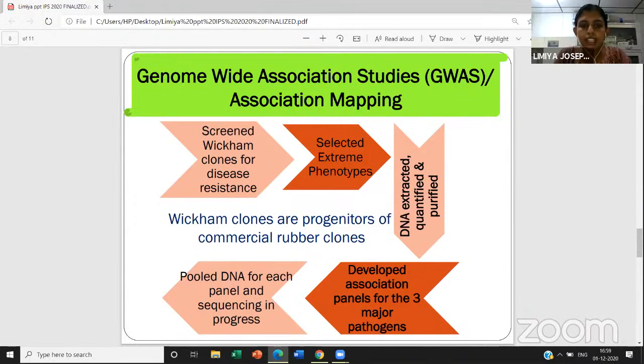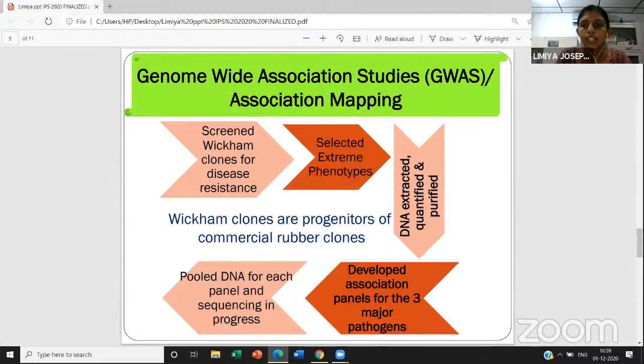As we saw in the last slide, association mapping can be followed in a natural or raw, unrelated population. However, for linkage mapping, we have to develop a mapping population prior to genotyping and mapping. So for association mapping, we selected VCAM clones.